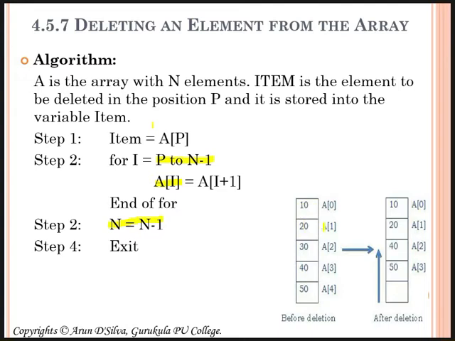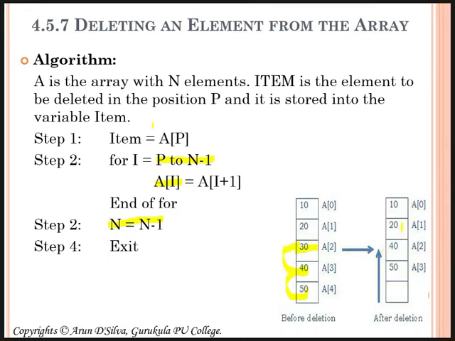It's shown here. So 10, 20. Now you are deleting from position 2, that 30. You deleted 30 and stored it in item. Now what do you have to do? Now P, position 2 to n minus 1, that is till 4 it works. A of I, A of 2 equals A of I plus 1, that is A of 3. So 40 will go here. In the next iteration, the 50 will go to where 40 was, and then it comes out of the loop.